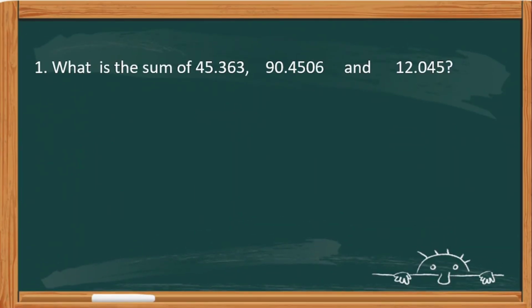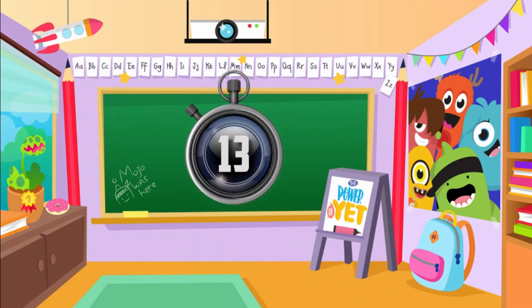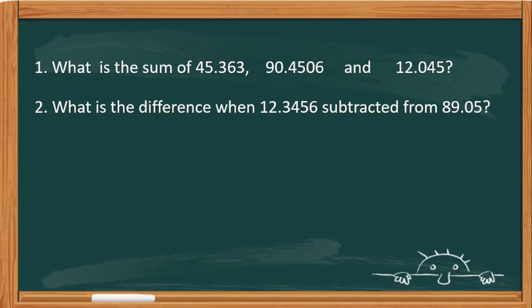Number 1. What is the sum of 45.363 and 90.4506 and 12.045? Number 2.